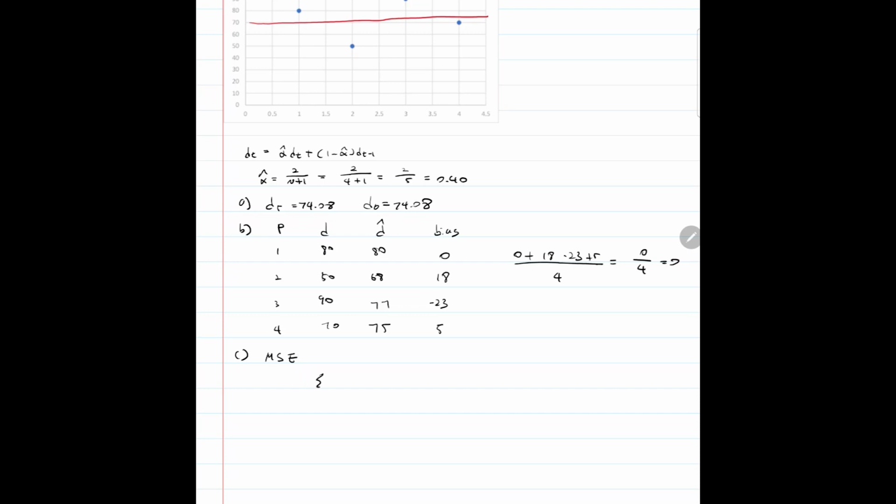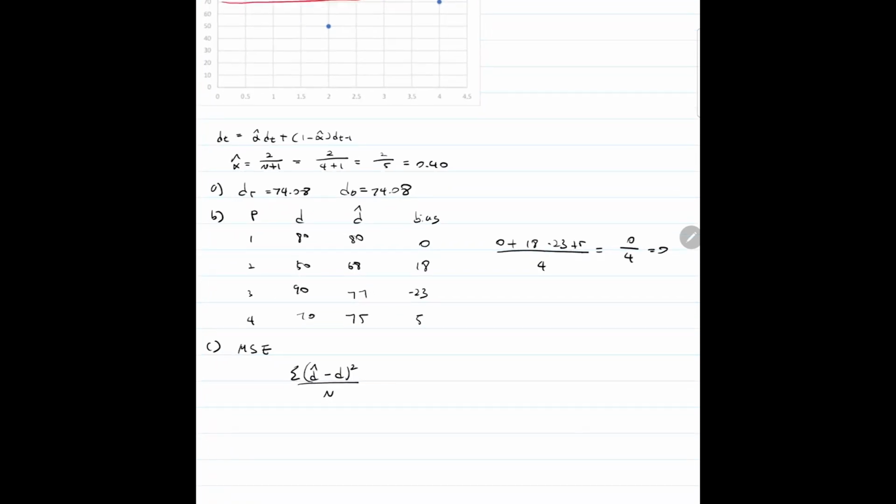So mean square error is the sum of the expected demand minus actual demand squared, divided by n. So which is 80 minus 80 times square.